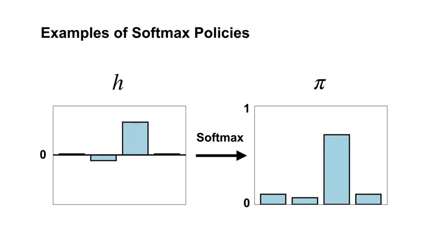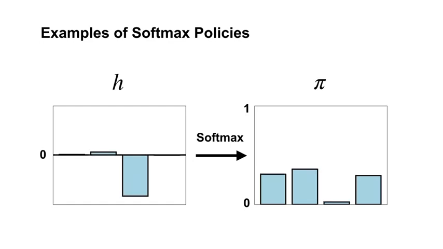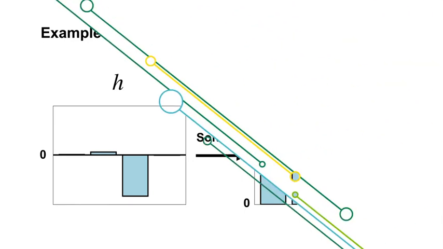If one preference is much larger than all the others, the action probability will be close to 1. No matter how big the preference gets, the probability will never be greater than 1. If one preference is very small, the softmax policy will still select the action with non-zero probability. For example, if the preference is negative and the other is positive, the negative action will still have non-zero probability. Finally, actions with similar preferences will be chosen with near equal probability under a softmax policy.